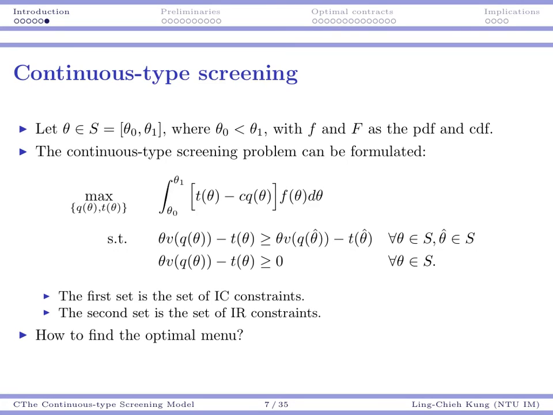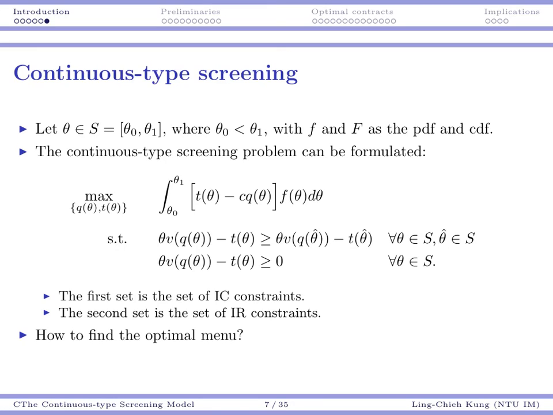So he is going to pay T of theta amount of money and obtain Q of theta units of products. So for type theta, you're going to earn this, and you have all these types. So you find the weighted average of the earning with that likelihood. So this is your expected profit for the continuous type model.